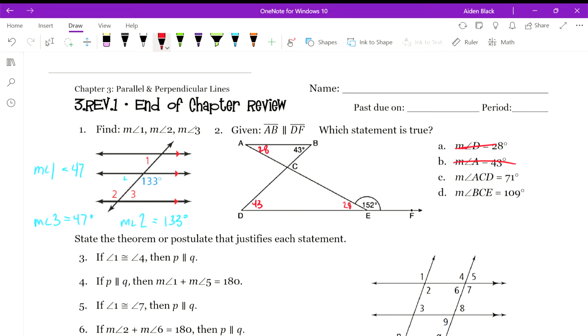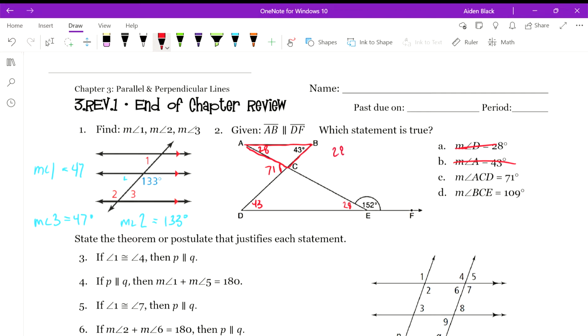Measure of angle ACD, that's this one right here. ACD, they're saying it's 71 degrees. Let's see. Well, if this is 71 degrees, then looking at this angle, it should be supplementary to 71. So instead of finding what's supplementary to 71, I will find, since ABC, this triangle here, every triangle has a sum of 180 degrees.